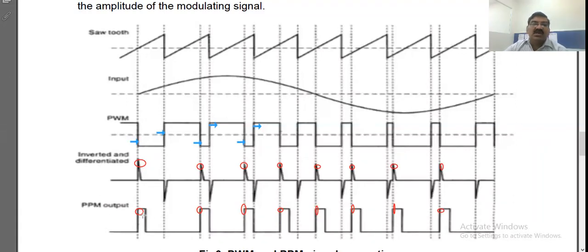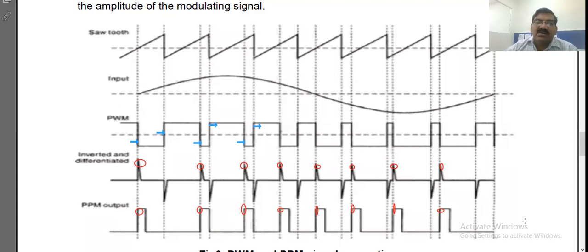So the positions are far away for the higher amplitude and near for the lower amplitude. Accordingly, whatever the inverted and differentiated pulse, we are positioning the pulse. This is the pulse position modulation.